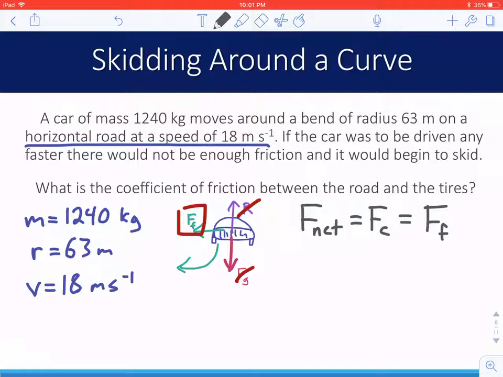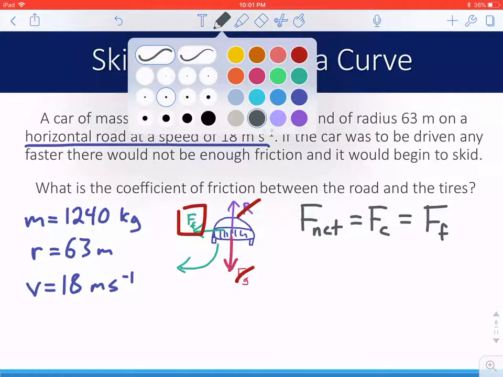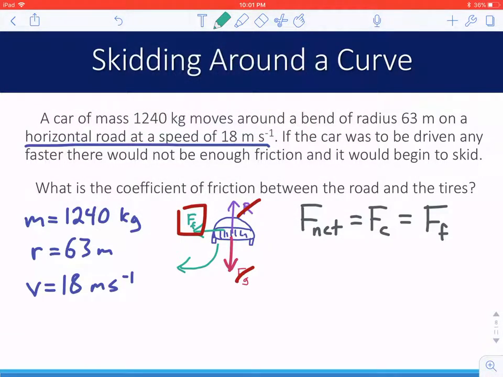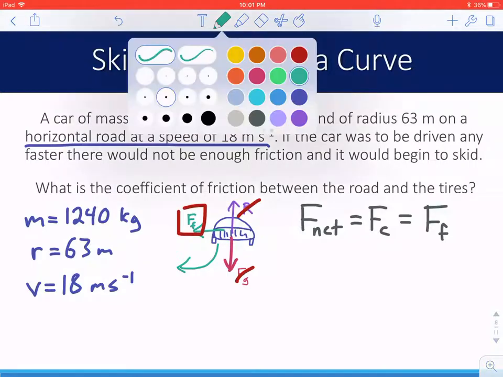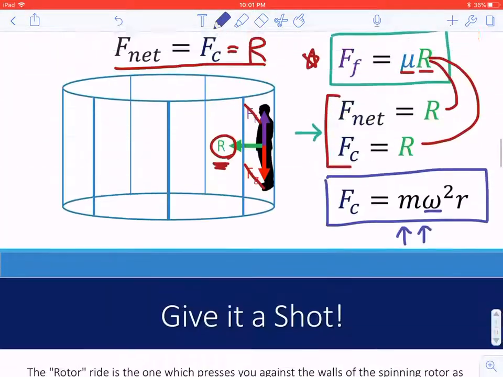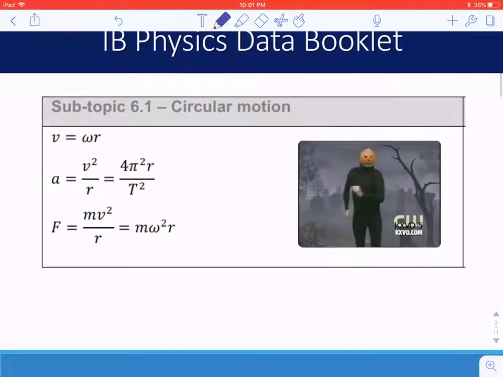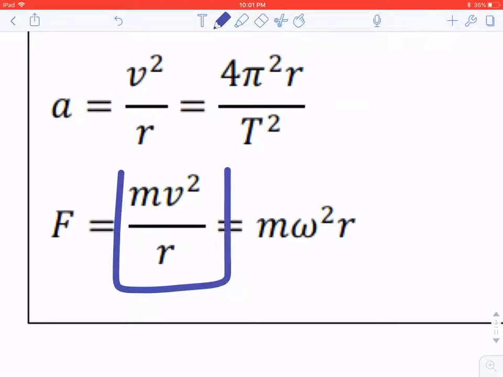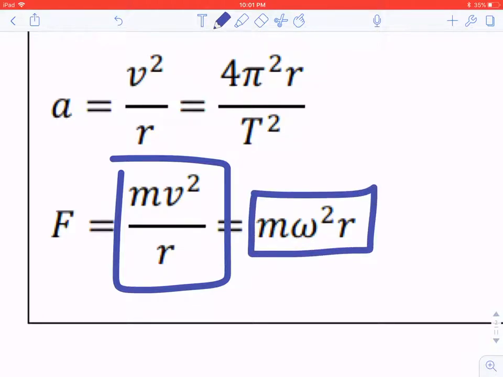All right, so we know some information about this setup, and we know some information about calculating some of these values. We know that the centripetal force is given by a couple of different equations: either mv squared over r, or m omega squared r.